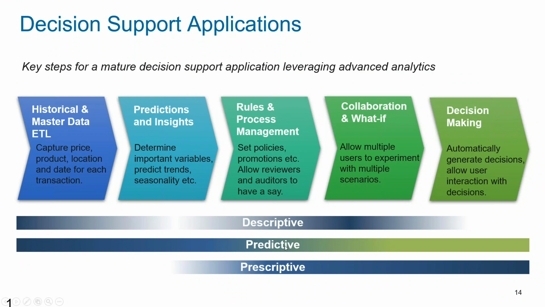You're trying to make decisions automatically. So again, you move from descriptive to predictive to prescriptive, and this is kind of a framework for a mature organization that uses all these technologies.